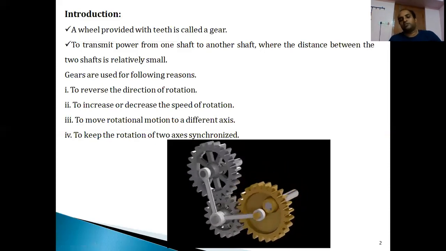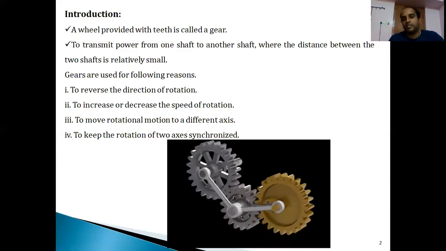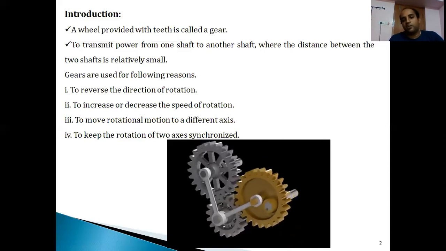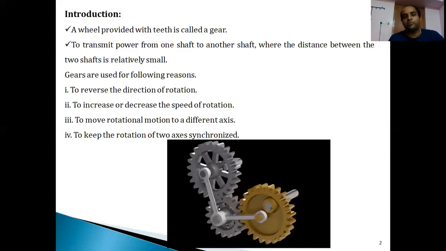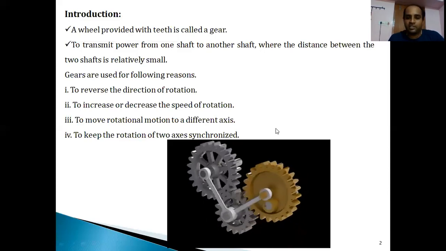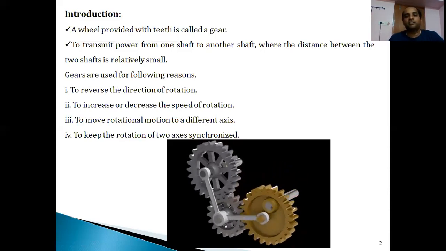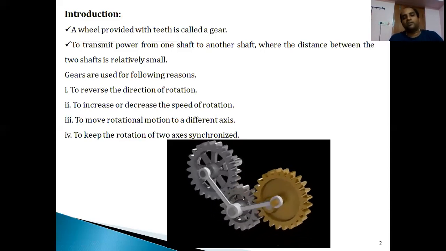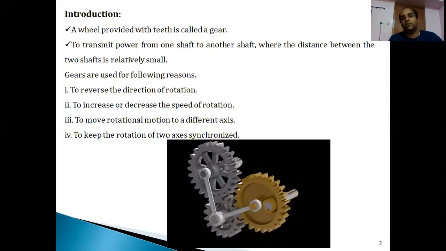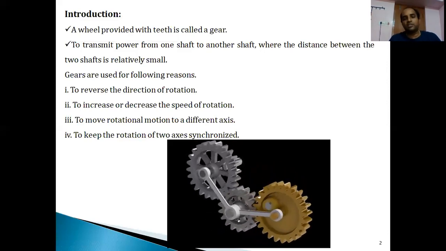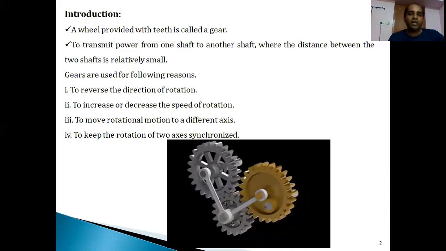Another important thing is that in gear drives, the shafts need not be placed in a parallel position. They can be placed in intersecting, non-parallel, or even inclined positions. So for all types of possibilities, we can use gear drives when compared to belt drives.